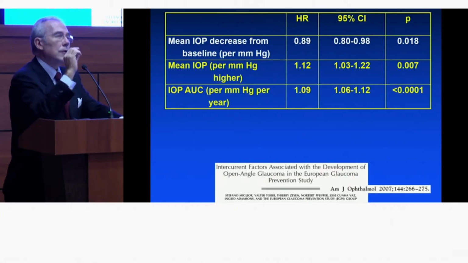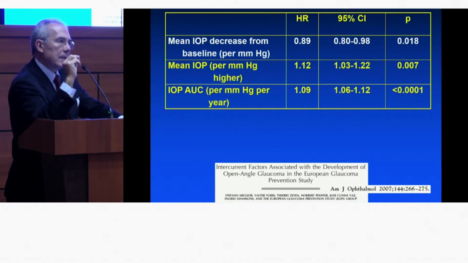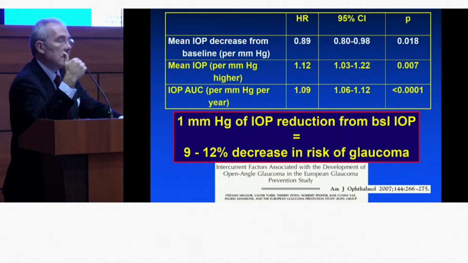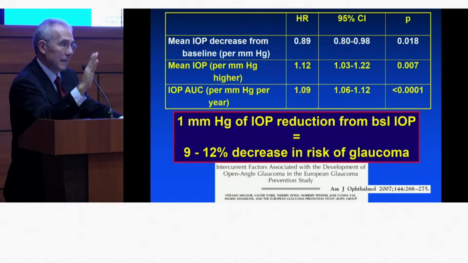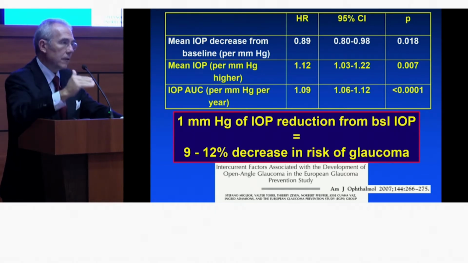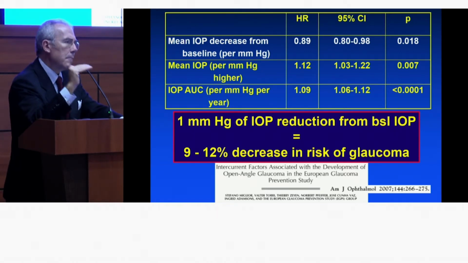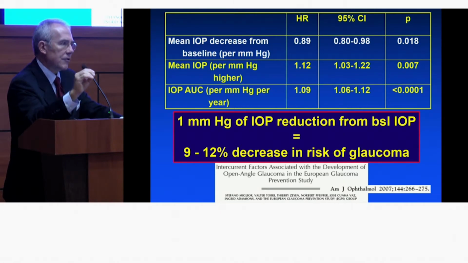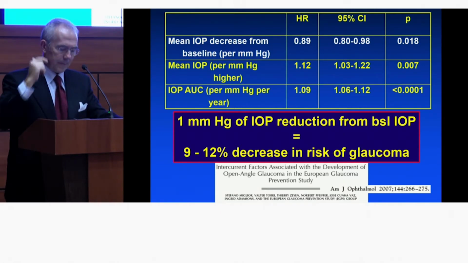The EGPS could not really see the difference between the dorzolamide and the placebo, but in a retrospective analysis, it was possible to see that also in the EGPS, for each single millimeter of IOP reduction from baseline, it was possible to reduce the risk of developing glaucoma by about 10%. So this figure confirms the number that has been found in glaucoma patients in the Early Manifest Glaucoma Trial.